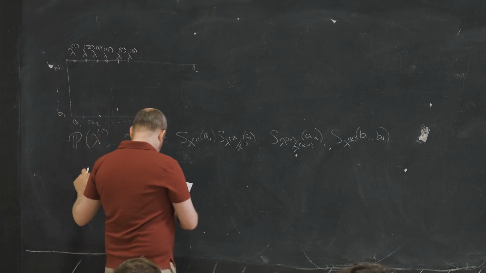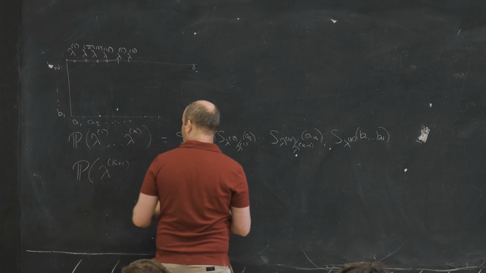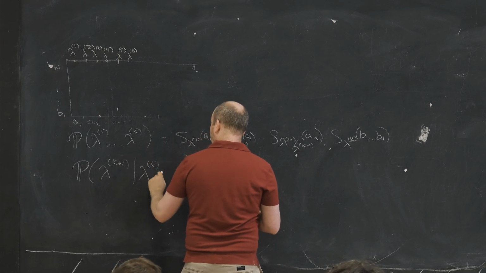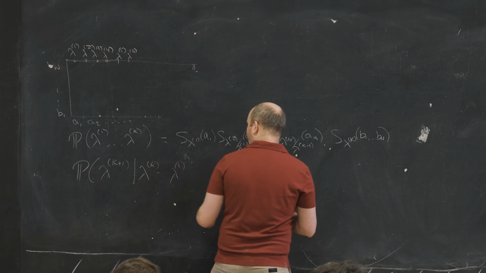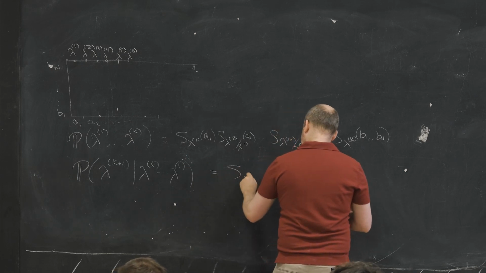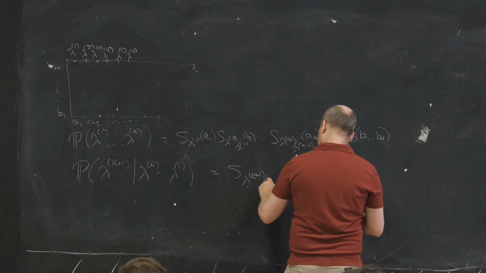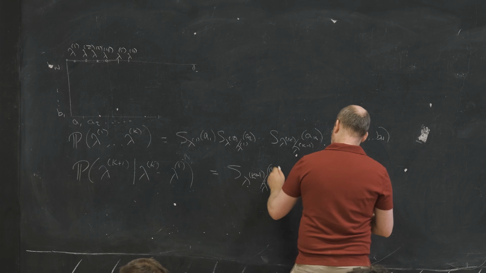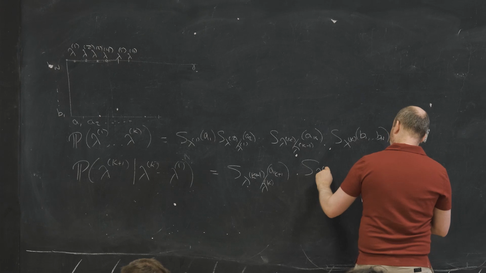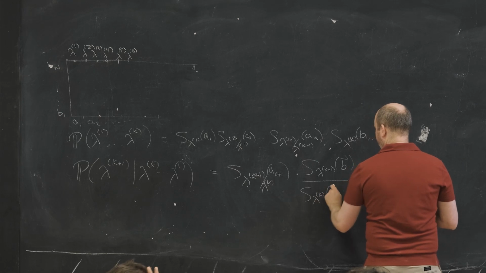So the probability of a given lambda k plus 1, given my knowledge of all of the lambdas from lambda 1 up to lambda k, is given by just using Bayes' rule, lambda k plus 1 over lambda k in the variable ak plus 1, and then what's called a Doob h-transform. So s lambda k plus 1 in the vector b over s lambda k in the vector b.